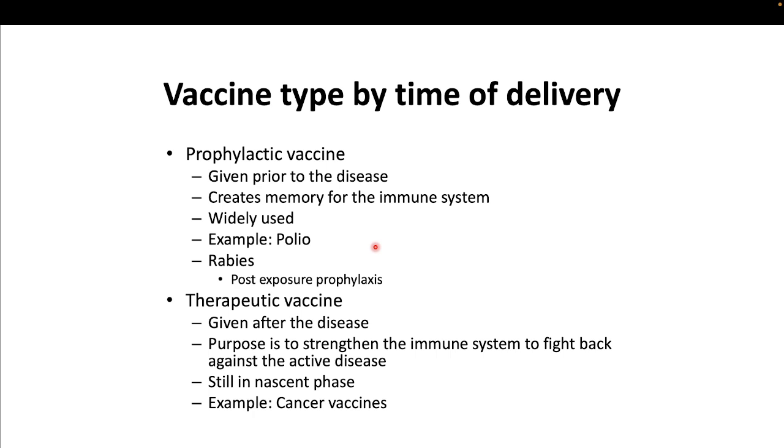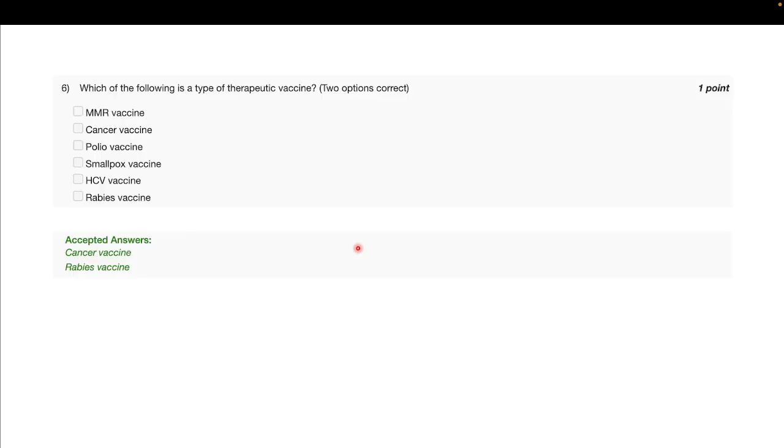So in this interval, if you introduce a particular vaccine, that could prevent the rabies from spreading. So it's technically a post-exposure prophylactic vaccine, but in the context of this question, it could be treated as a therapeutic vaccine as well. So if you encounter a question like this, which of the following is a type of therapeutic vaccine? It is cancer vaccine and your rabies vaccine.